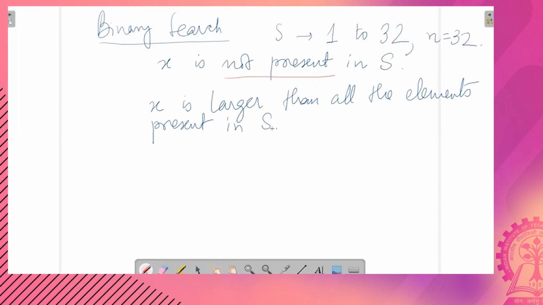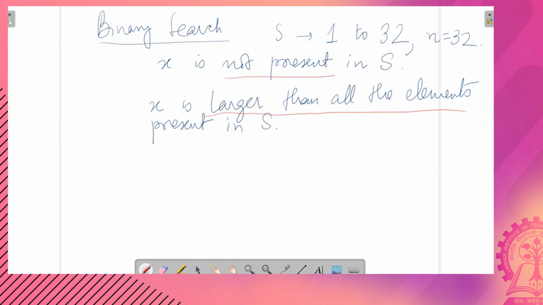But for the sake of argument, let us say that X is larger than all the elements present in S. If this is the situation, then let's see how many comparisons we have to make.